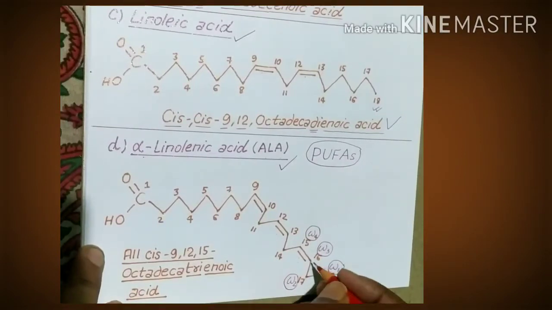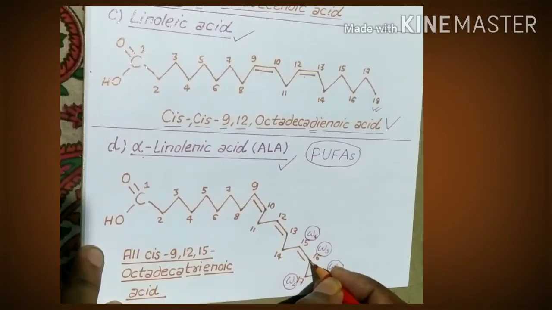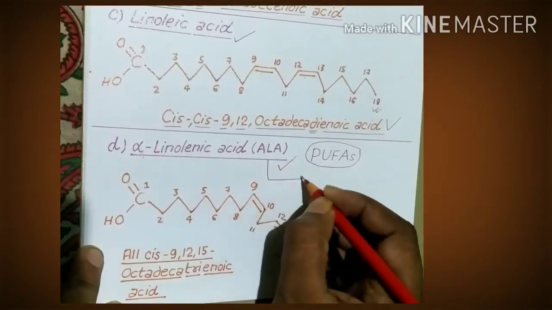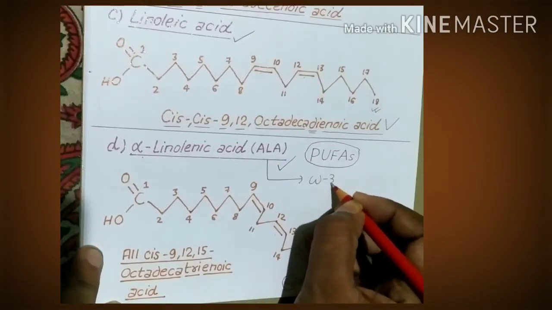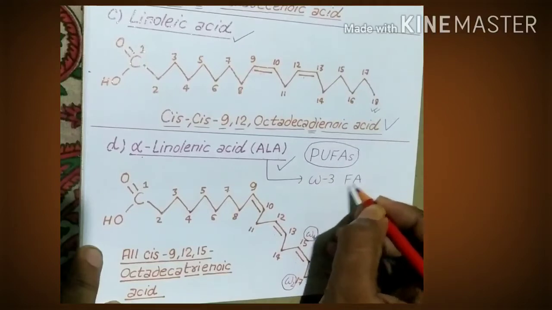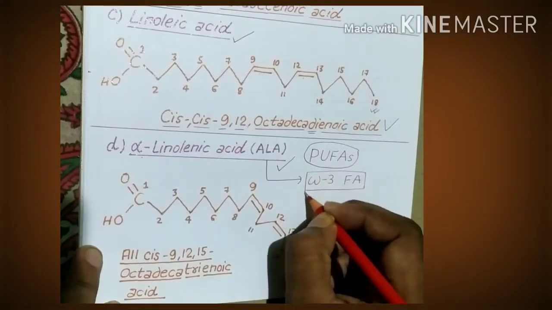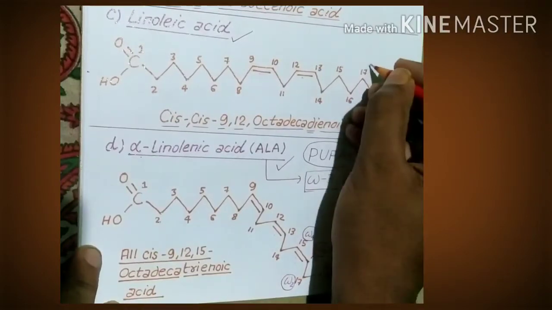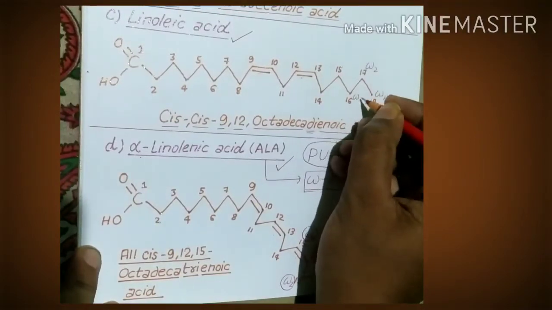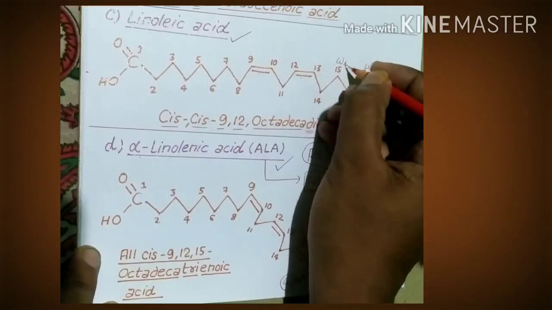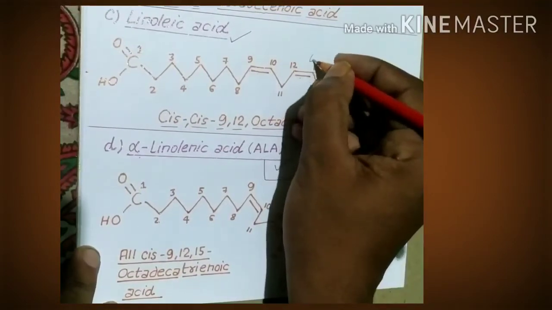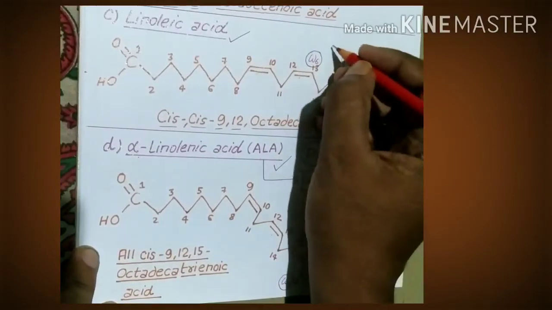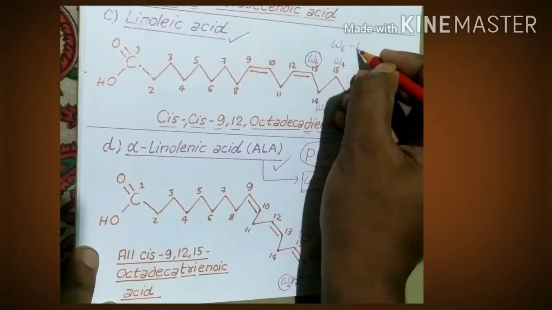Here we can see that the double bond is at the omega 3 position, so alpha linolenic acid is an omega 3 fatty acid. Is it clear? Now here we will see omega 1, omega 2, omega 3, omega 4, omega 5 and omega 6. So this is an omega 6 fatty acid.